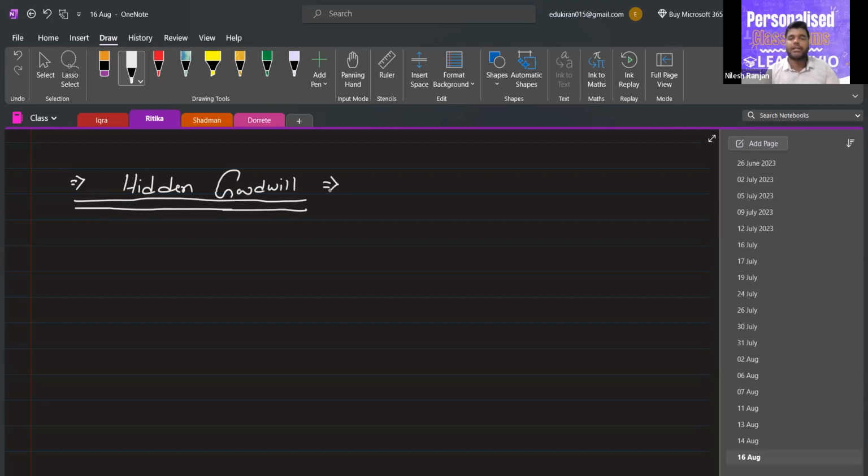Now, how will we calculate hidden goodwill? First of all, let's say there are two partners, A and B, and their capital is 5 lakh and 3 lakh.